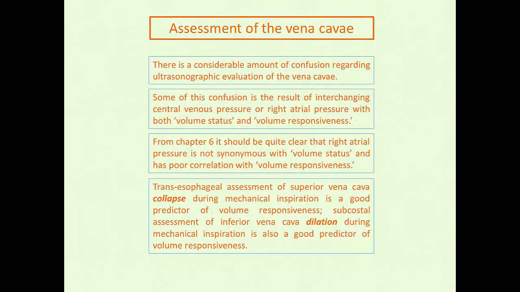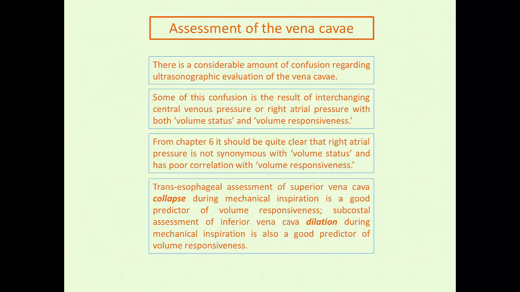And again, this SVC collapse and IVC dilation were derived in patients who were heavily sedated, potentially paralyzed, receiving relatively high tidal volume ventilation. The stress on the cardiovascular system in these patients is the change in intrathoracic pressure, much like it was for pulse pressure variation.